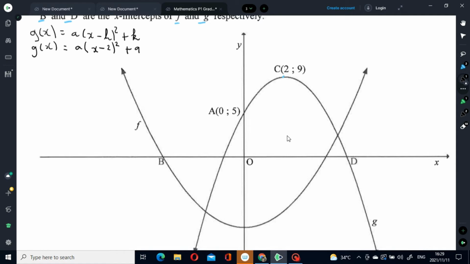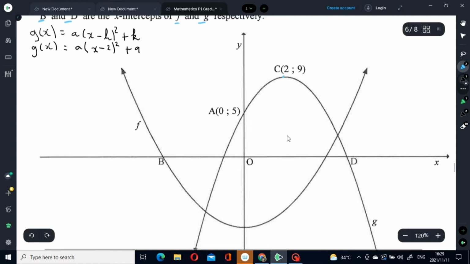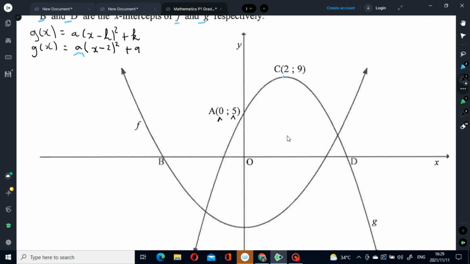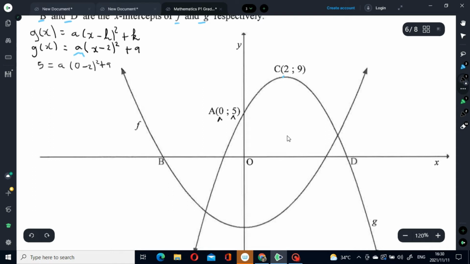So the goal is to look for a, but we have another point, A, and we can use the coordinates of the point A to find the coefficient a. So it's just a matter of substitution. When the output g of x is 5, the input is 0, so 5 is equal to a(0 minus 2) to the whole squared plus 9. Now we make a the subject of the formula.